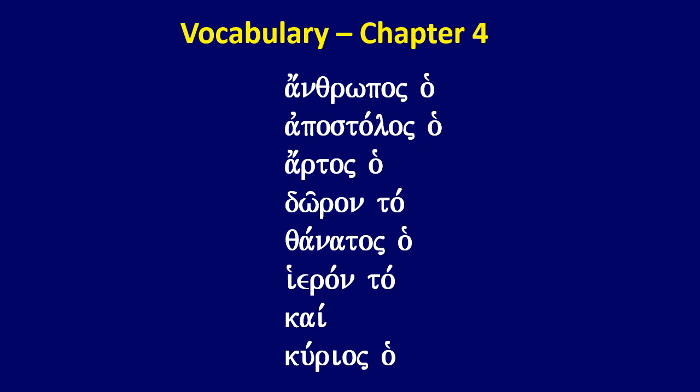Now there is a separate Greek word that is used for males in particular in distinction to females, and that would be the word aner, a male or a married man, a husband. But in this case, anthropos is generic. It's where we get the term anthropology from, the study of mankind. So think of it that way.